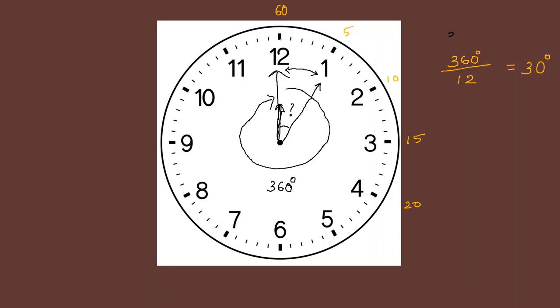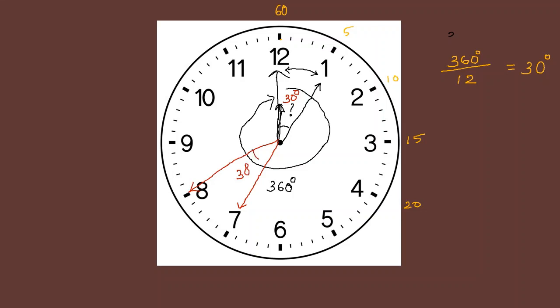So each of this angle, what you are getting here, is going to be 30 degree. That is between 12 and 1, it is going to be 30 degree. Now, if the minute hand is at 7 and it moves up to 8, again this angle is 30 degree.